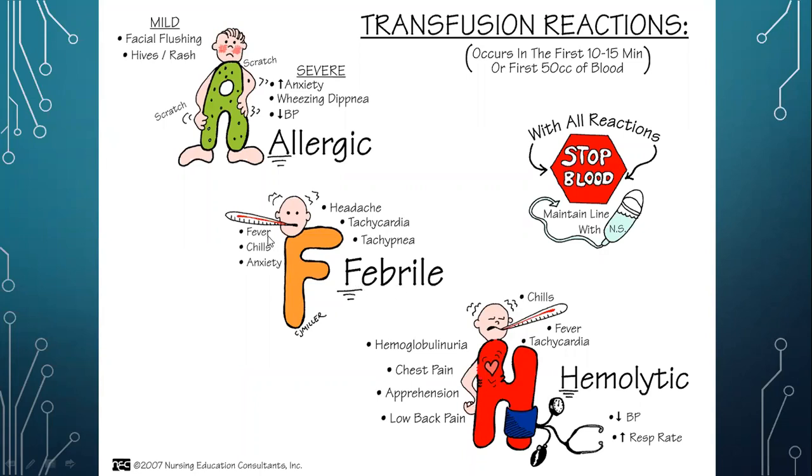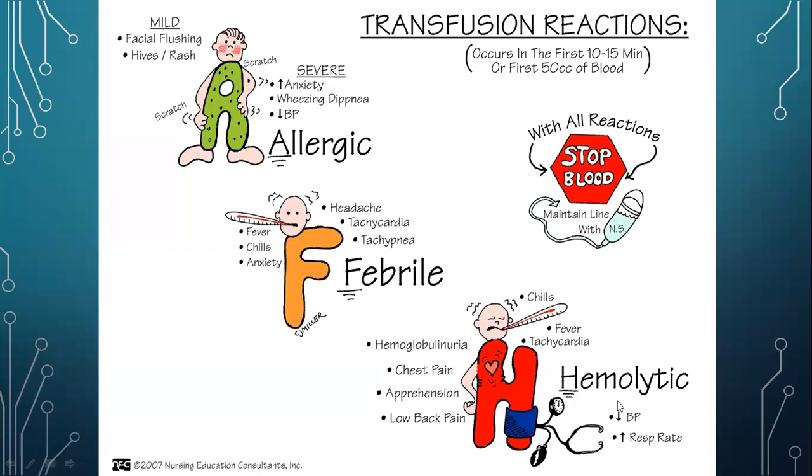If anybody has a fever, chill is common, and anxiety. A fever patient always has tachycardia and tachypnea: increased body temperature, increased heart rate, and increased respiratory rate. Easy to remember.